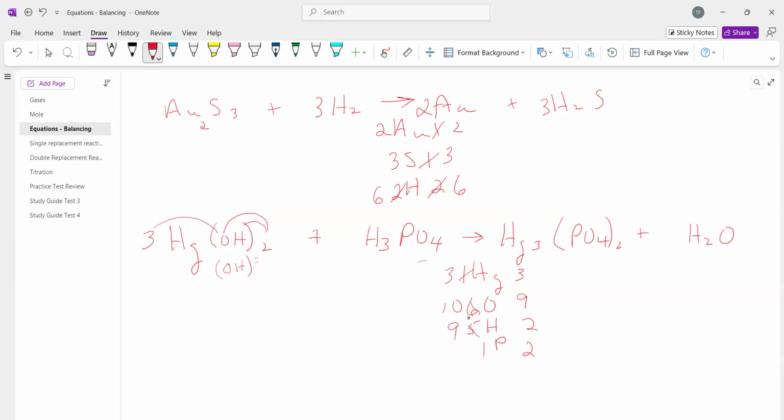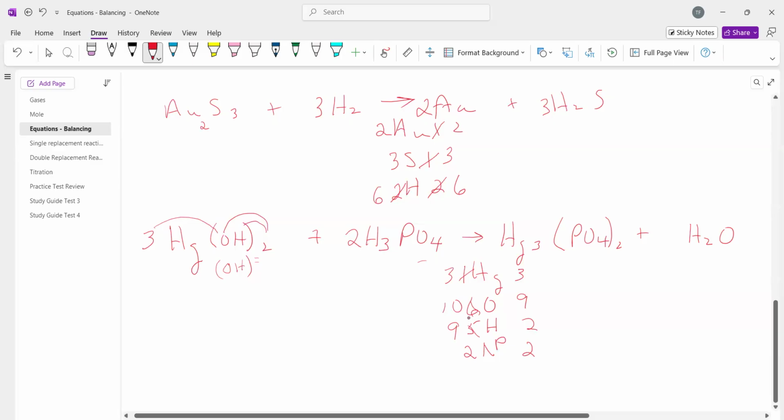Okay. All right. So let's fix the P's. We got 2 P's on the right. Two P's on the left. But that also changes the H's and O's here. Okay, so over here we have 6 H's.